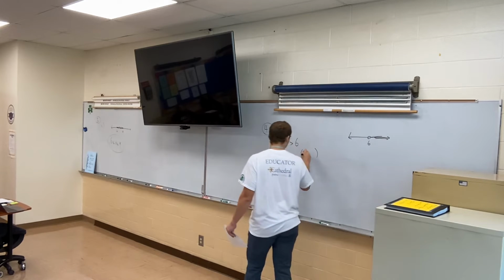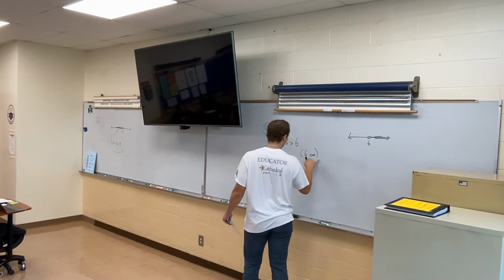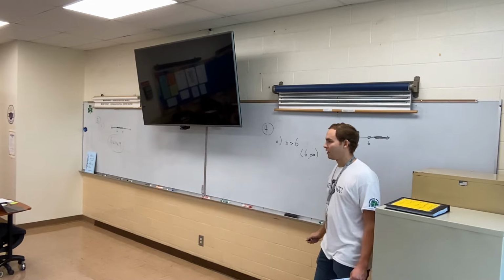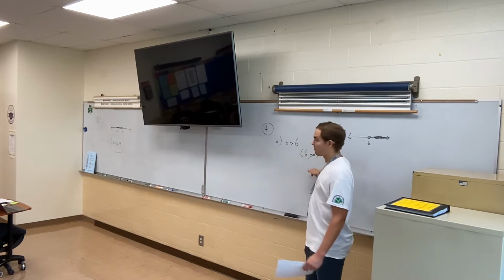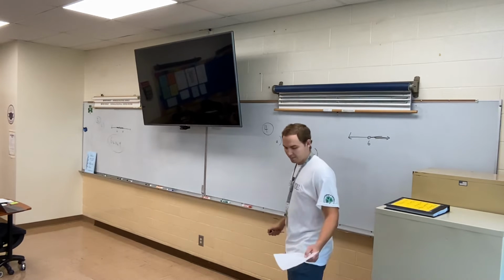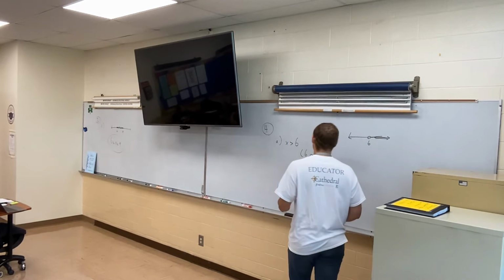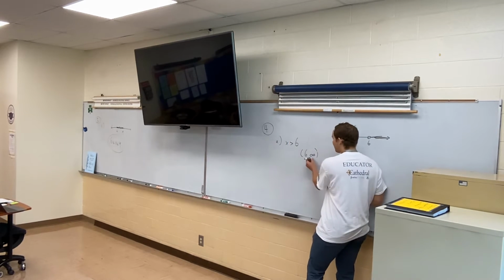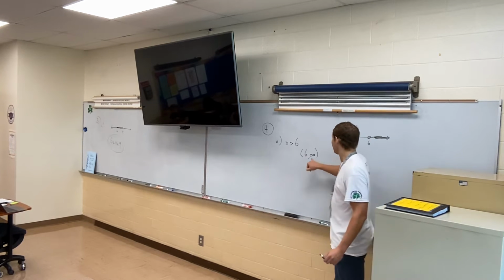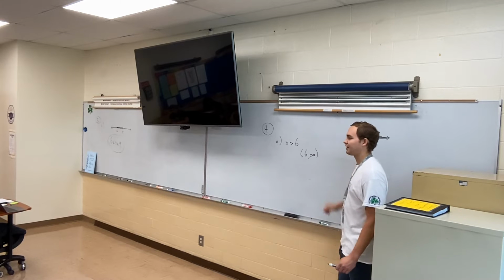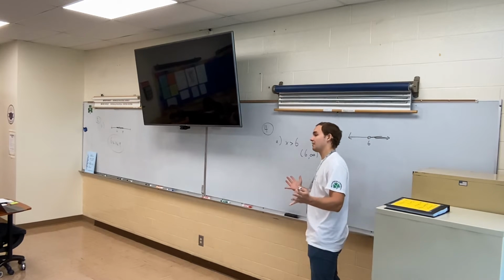And am I using parentheses? How do I know I'm using parentheses for both? Yeah, there's no equal to, so they should both be parentheses. One thing I want to note: if you include infinity or negative infinity in interval notation like this, it always gets a parenthesis. Because no number could ever be equal to infinity.